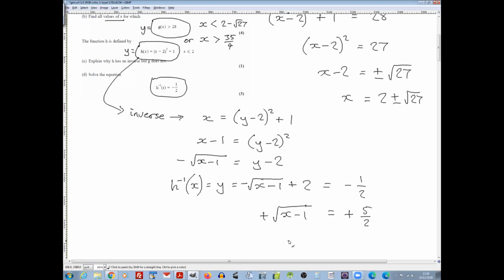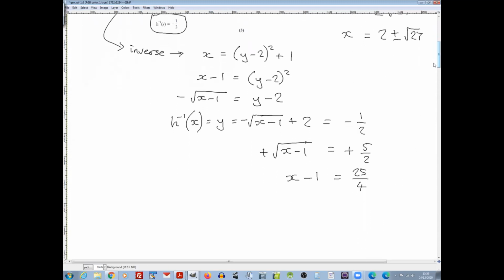Root x minus 1 equals 5/2. So x minus 1 equals 5/2 squared, so x equals 5/2 squared plus 1. So what's that? 25 quarters plus another 4 quarters makes 29 quarters.